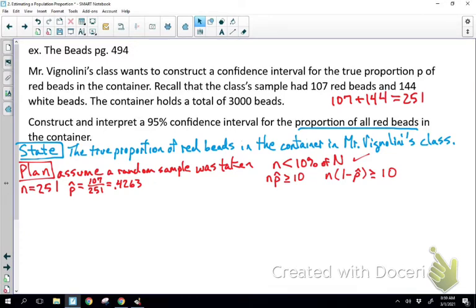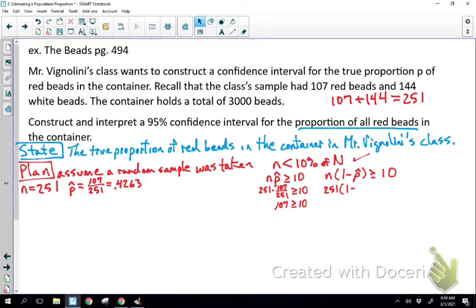I'm going to write every step, though. So we have 251 times 107 over 251. The 251s cancel out, and 107 is bigger than 10. The complement will be 144, but feel free to show it if you want. You don't have to, but it should be the number that adds up to 251.